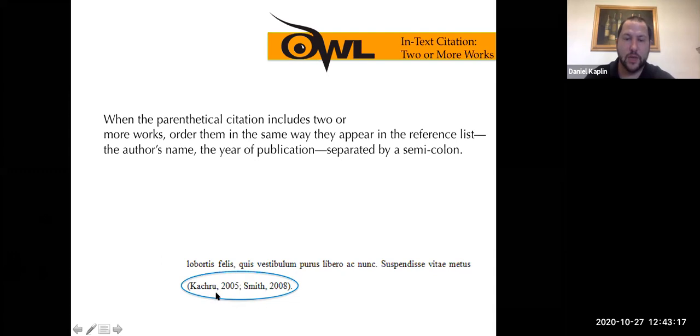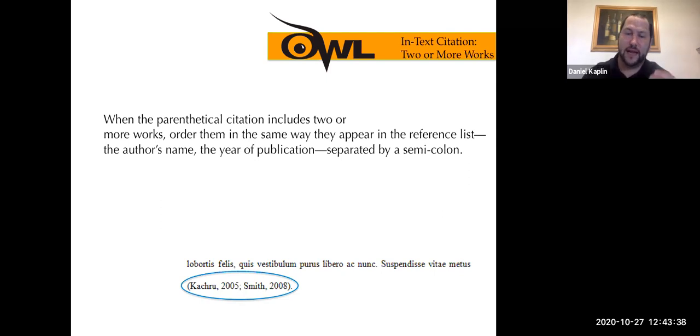So Koshru, 2005 is one author, one article, and Smith 2008 is a separate article with a different author. Now, you'll also note that when you have multiple citations, you alphabetize by the first author's last name. So why was it that Koshru went before Smith? The answer is that K comes before S in the English alphabet.